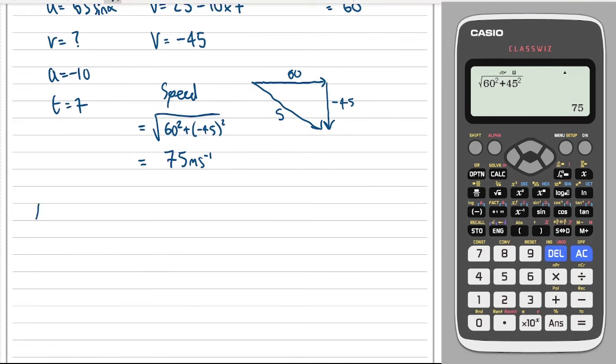So you can say the assumption that the stone is modelled, terrible spelling, sorry, as a particle, and doesn't account for dimension, or possibly that the object is spinning.